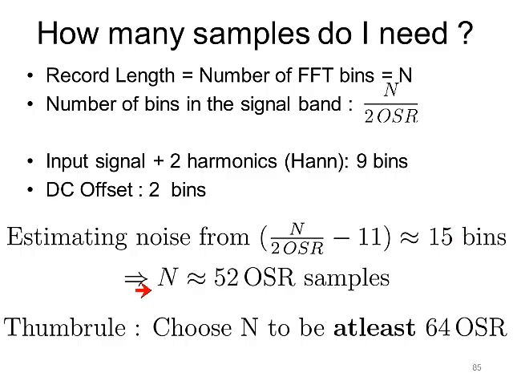So that leaves us with N being approximately 52 times the OSR number of samples. A good rule of thumb for delta sigma simulation is to choose a record length to be at least 64 times the oversampling ratio. This means that you'll end up spending a lot of time simulating the modulator.